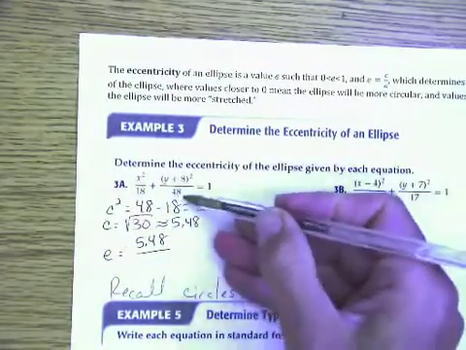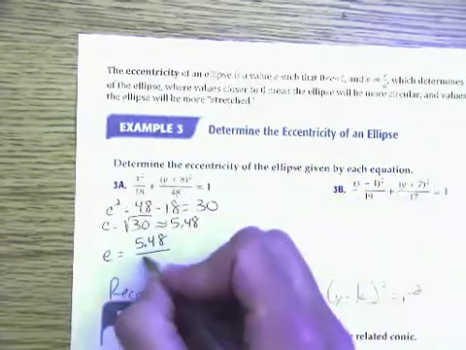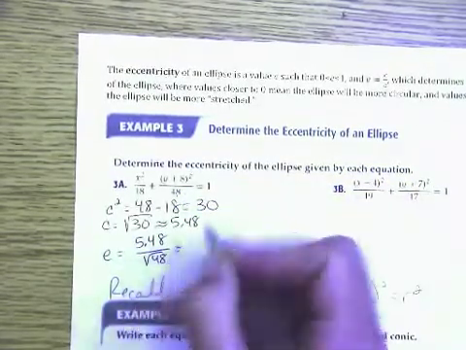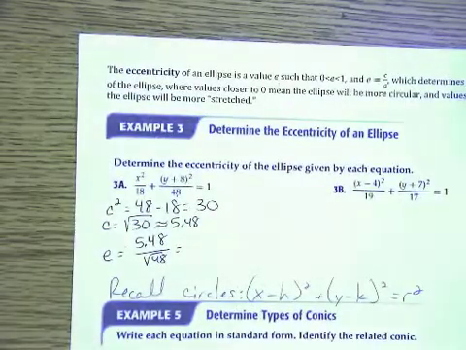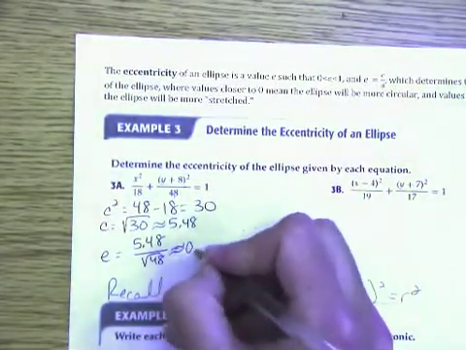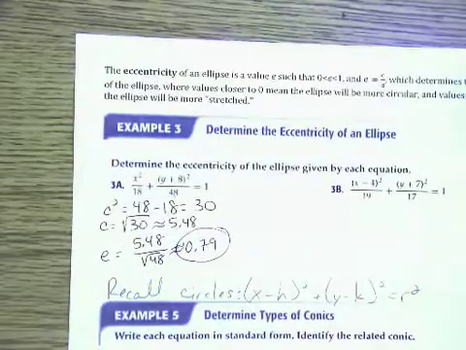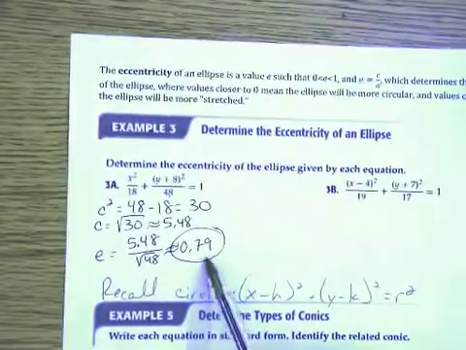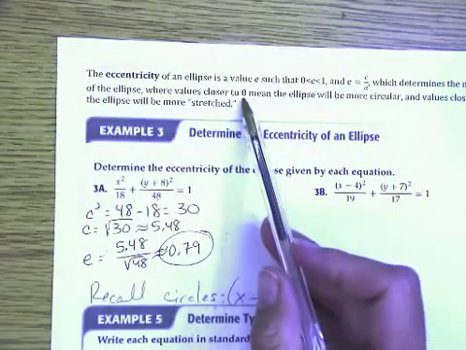So the eccentricity is 5.48 over A. Now A is the square root of 48. When I take that 5.48 and divide it by the square root of 48, I get approximately 0.79. And that's it.